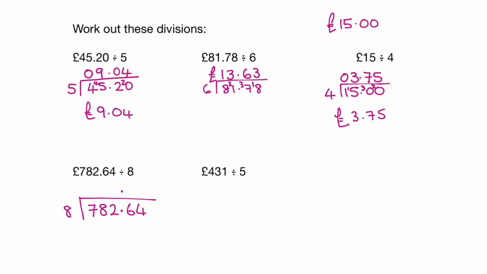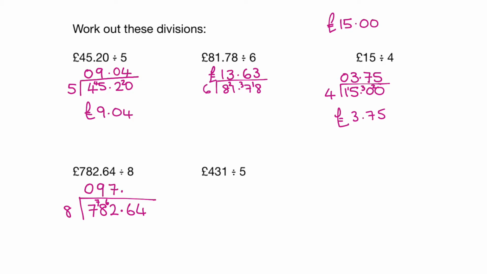Okay? So, first of all, we're going to go, how many 8s are in 7? Well, there are no 8s in 7, because 7's smaller than 8. And we need to carry that 7 on there. So now it's how many 8s are in 78. And if you know your 8 times table, then you'll know that 9 8s are 72. And we've got 6 left over then. So how many 8s are in 62? Well, that would be 7.